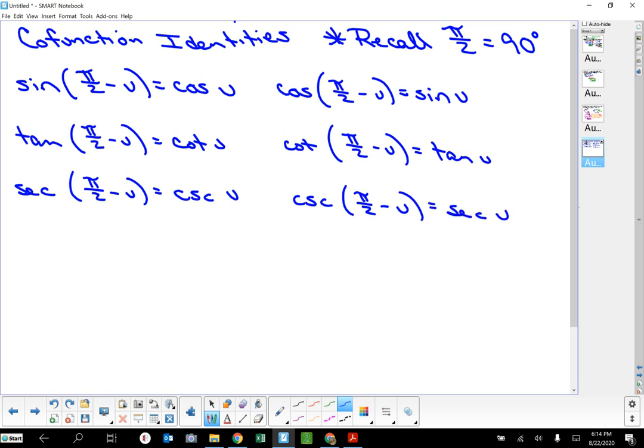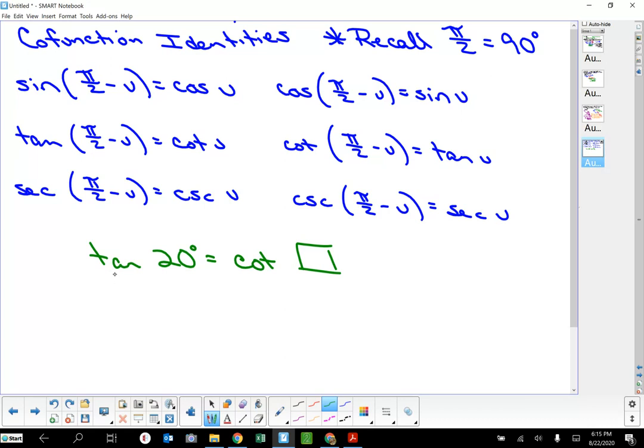And so here's how you would use these. In varsity, you're going to have a problem that says the tangent of 20 degrees is equal to the cotangent, and then they give you a blank. And the directions say something like, using cofunction identities, make this a true statement.